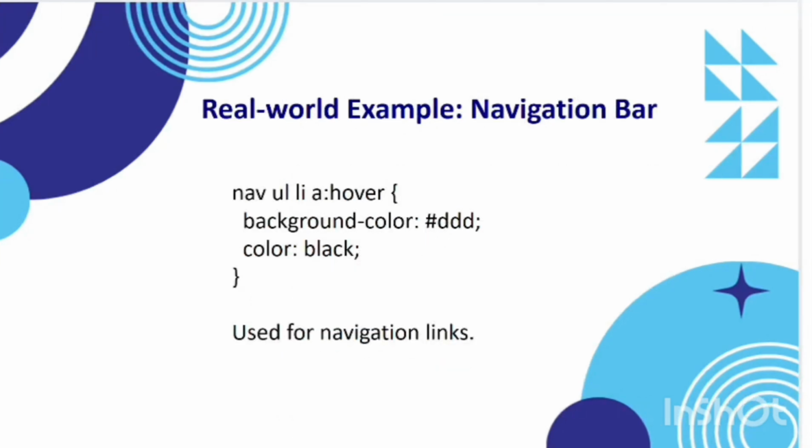Now see some real world examples with a navigation bar. nav ul li a:hover means hovering over nav links will give a light gray background and black text. It is used for navigation of links.